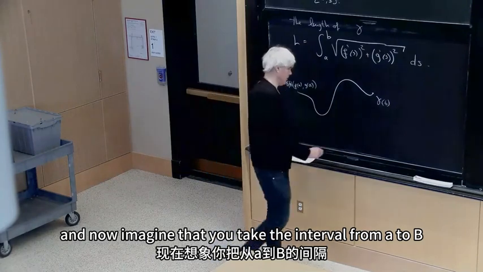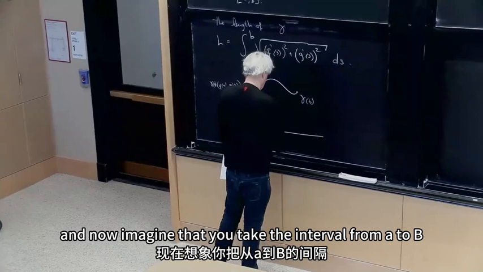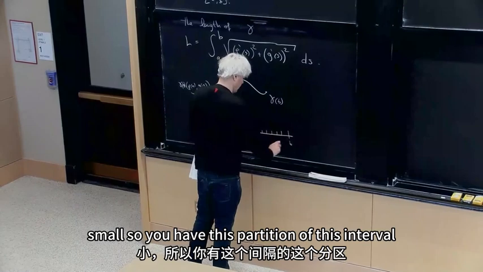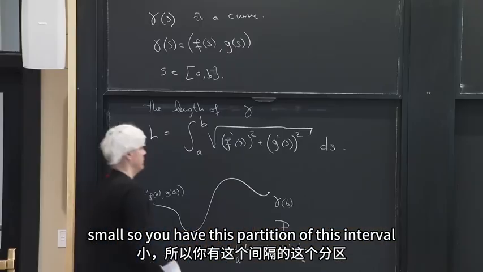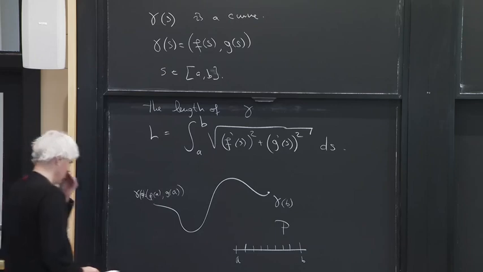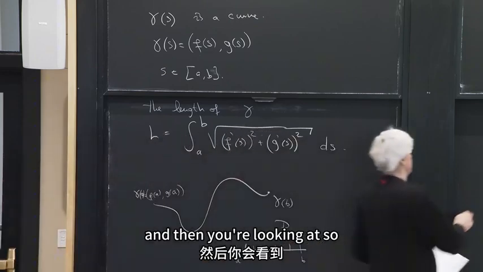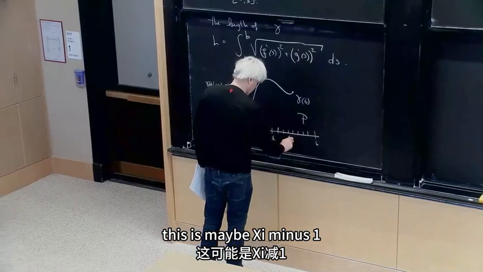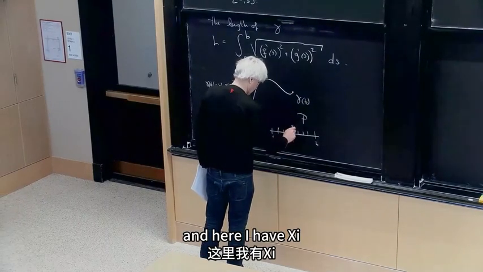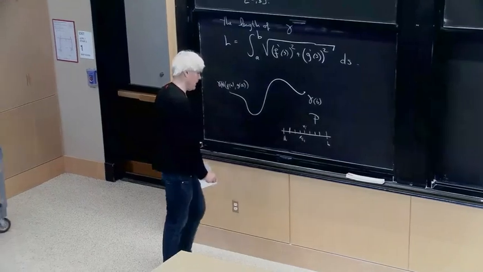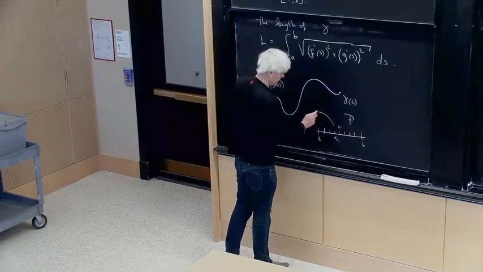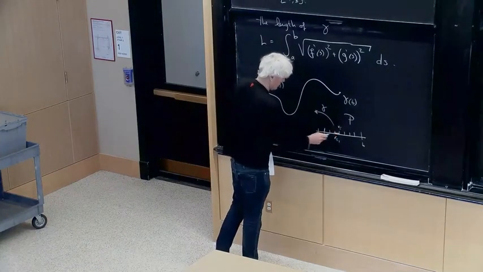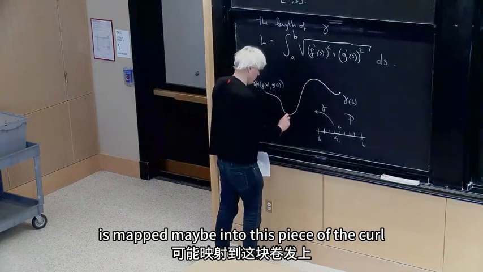Now imagine that you take the interval from a to b and partition it into a lot of small pieces. Here is x_{i-1}, and here I have x_i. Under the map gamma, this little interval is mapped into this piece of the curve.